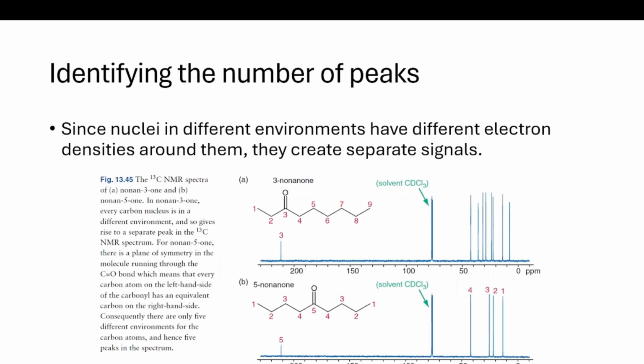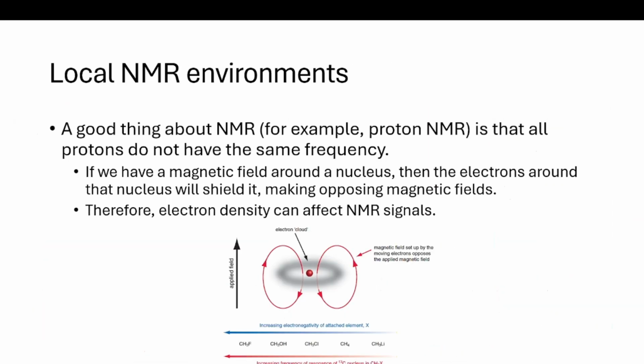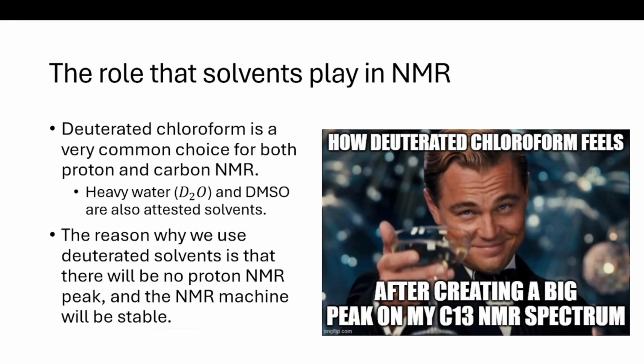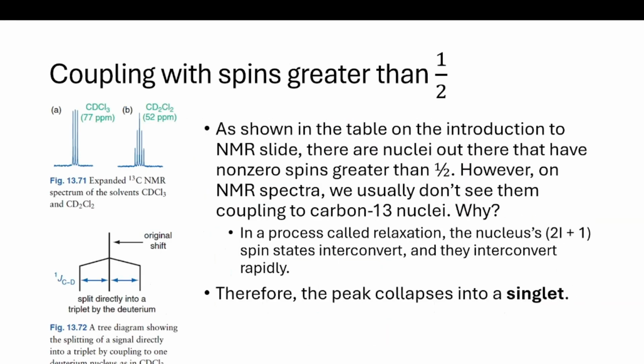Say, for example, I go back to boron-11, which has a spin value of 3/2. One issue is we're not going to see any noticeable coupling, and that is because of a process known as relaxation, where if we have a nucleus, based on the spin, there are going to be different spin states that rapidly interconvert. Therefore, our peak will collapse into a singlet because of this relaxation process.